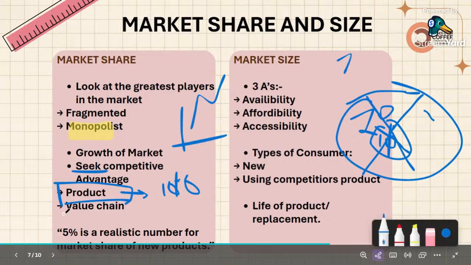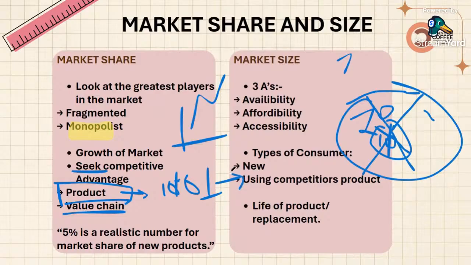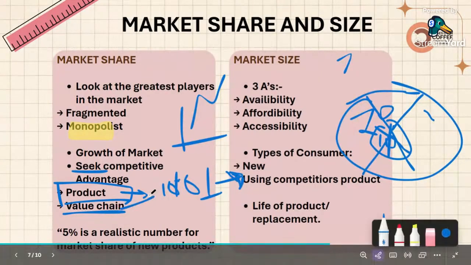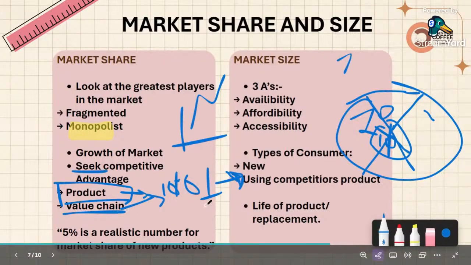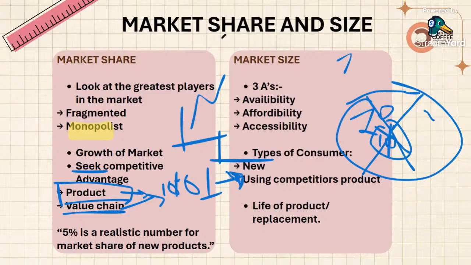Then value chain. Now, what value chain, as I explained in the previous slide as well. Value chain is like the different stages. There is value chain analysis, so I'll be discussing this in detail in the profitability cases, which will be happening tomorrow. So in this value chain, let's say the entire supply chain is controlled by some of the competitors.